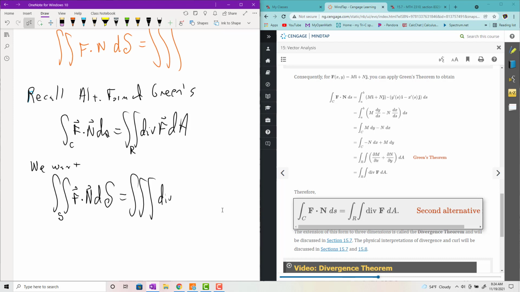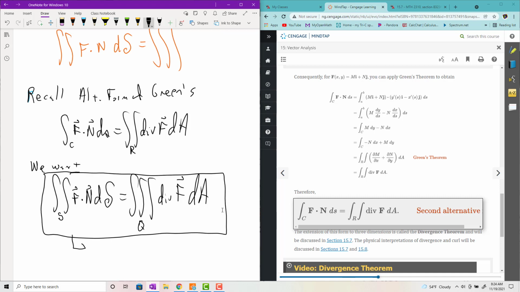And it turns out that it's basically the same spiel, except instead of going from a single integral to double, you're going from double to triple, and we'll use a Q to represent a solid. Okay, and it turns out what you have here, just by slapping in another integral symbol, is the divergence theorem.